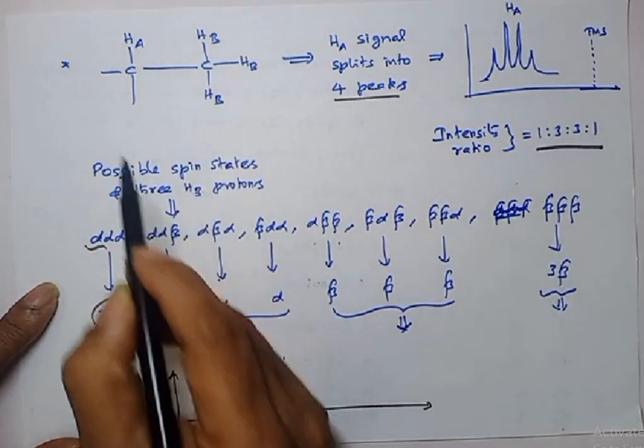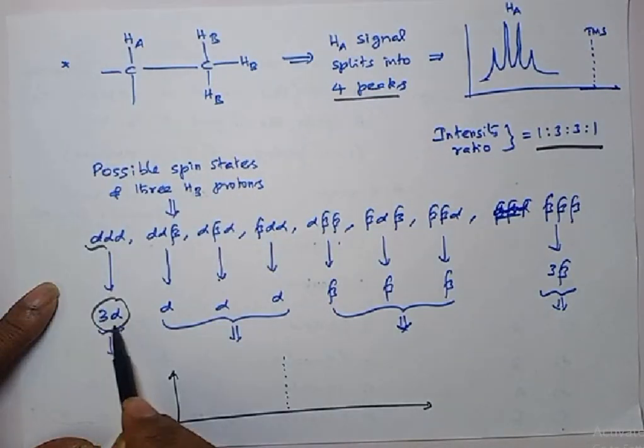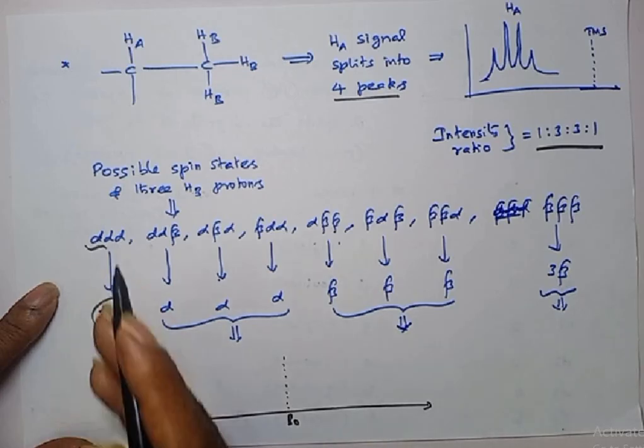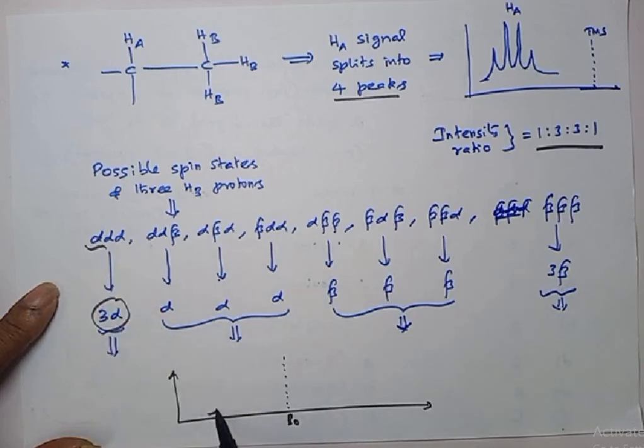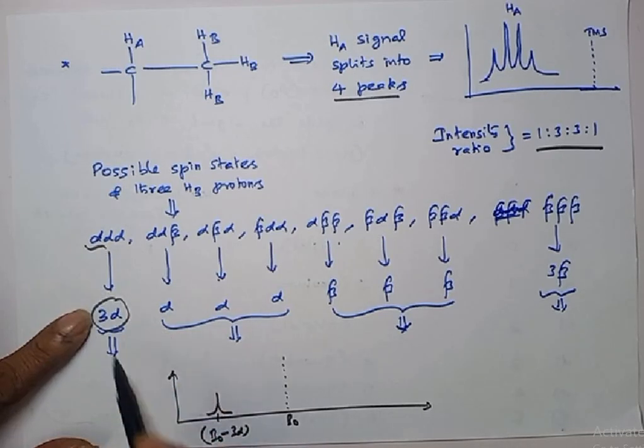In some molecules, the HA proton feels this additional magnetic field. This is supposed to be B naught, but now the HA proton absorbs in lower field itself. So what is the field strength? B naught minus 3 alpha I'll put. And I have only one spin state, so the intensity will be less.